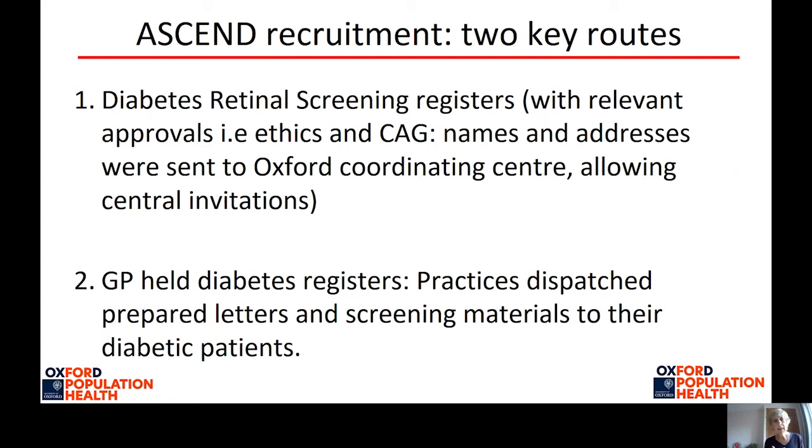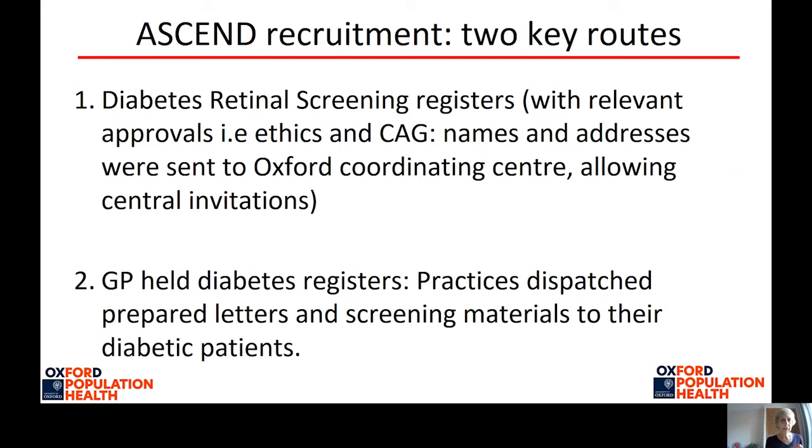It needed quite complex levels of approvals through what was then called the Confidentiality Advisory Group. But with all the relevant approvals in place, we were able to get the names and addresses of people with diabetes sent to Oxford, the coordinating centre, so that we could send out invitations to people to take part.